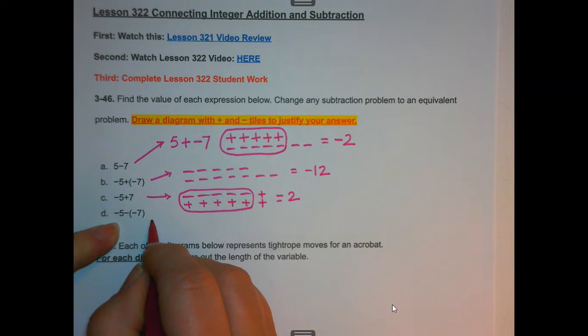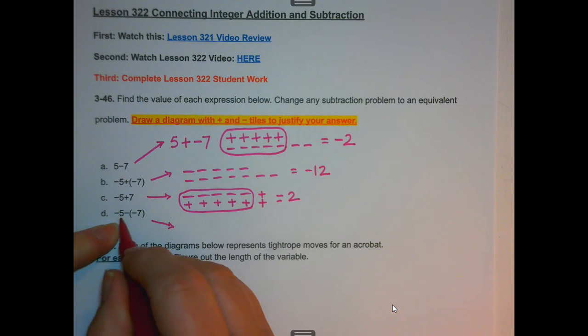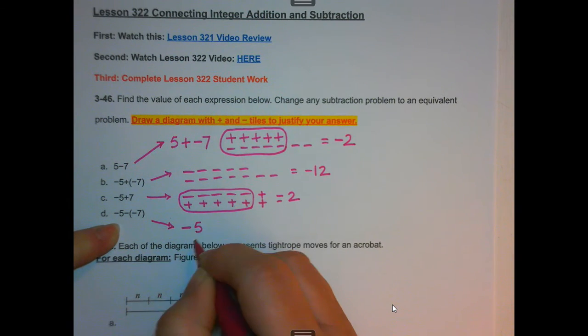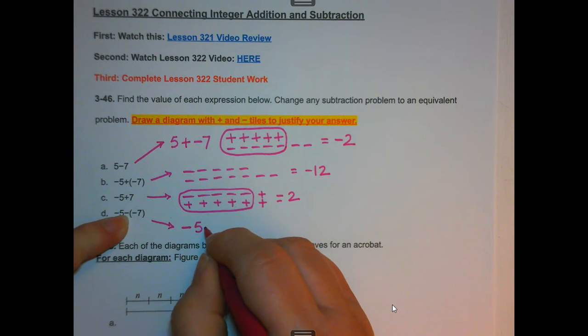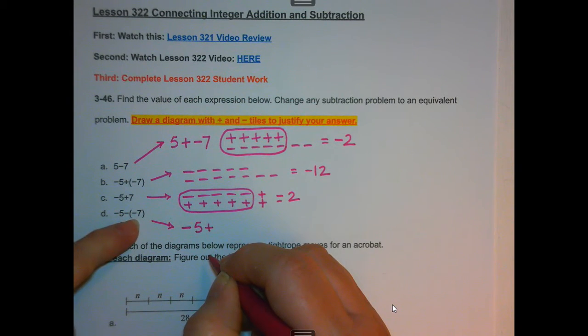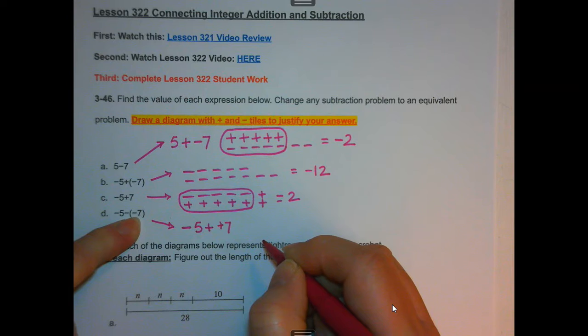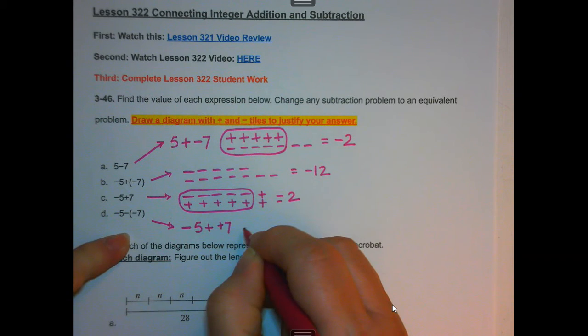And then our last problem here, we have a subtraction problem, so we're going to rewrite that. We leave the first number the same. We change the middle sign to addition, and we change the sign of this to its opposite, so that would be a 7. We can put the +7 there if we wish. And then we're going to draw it out.